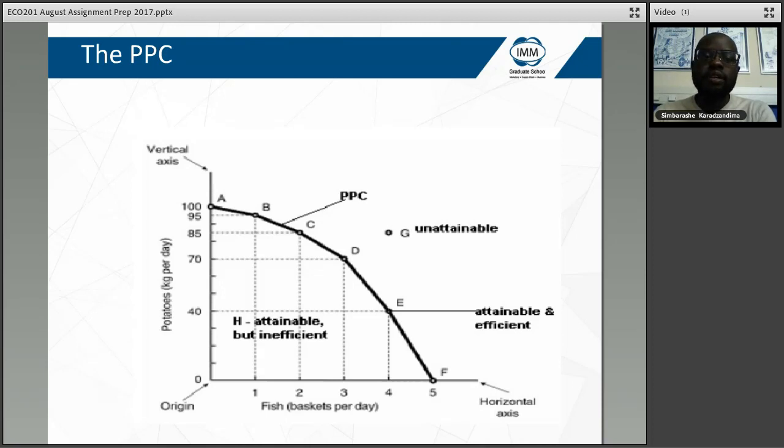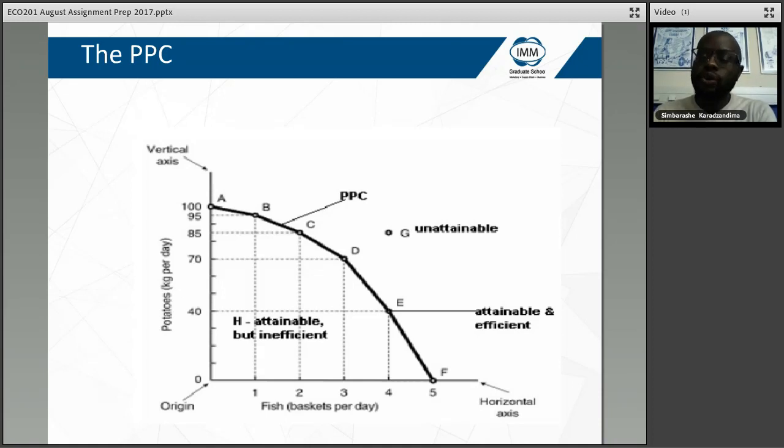A PPC is a curve that shows us a combination of two goods that can be produced in an economy if we are using our resources fully and efficiently. Any point on the PPC shows us combinations of the two goods. In our example on the slide, our two goods are potatoes and fish. We assume that our society is only producing two goods, which simplifies reality.